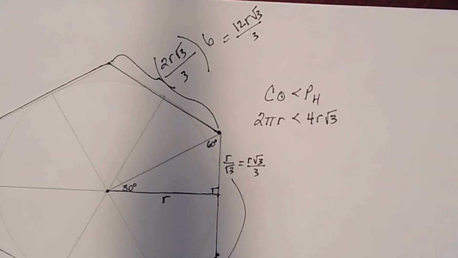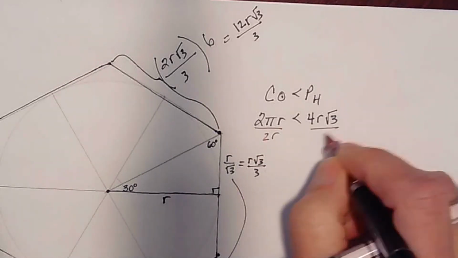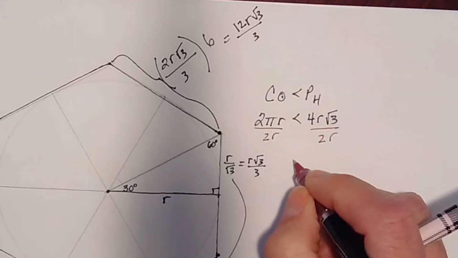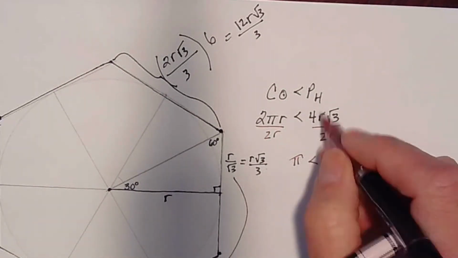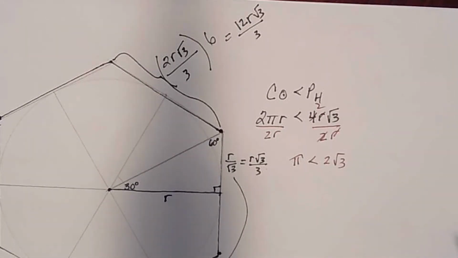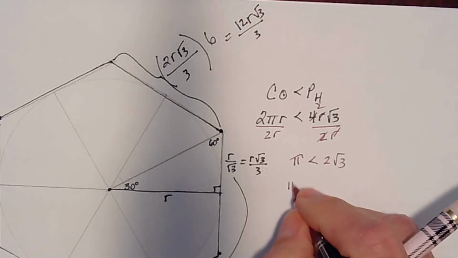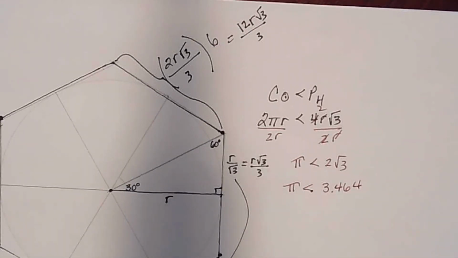Now, just like I did before, I'm going to divide both sides by 2r. And then you're going to see that pi will be less than, the r's of course factor out, and I have a 2 here, 2 root 3. And the value of that to 3 decimal places is 3.464.